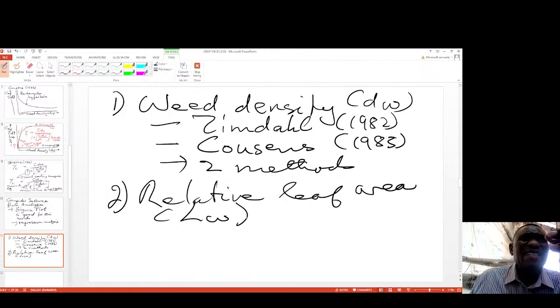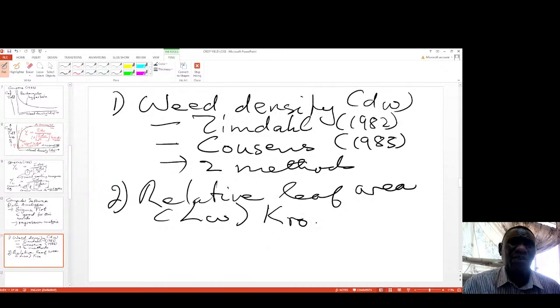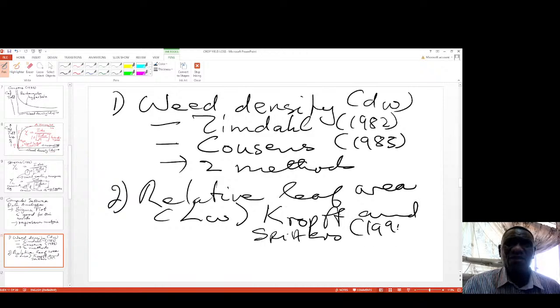So instead of relating crop yield and crop yield losses to weed density, we can relate these to relative leaf area of the weeds in the field. This was proposed by two scientists, Croft, difficult name, and Spitters, 1991.